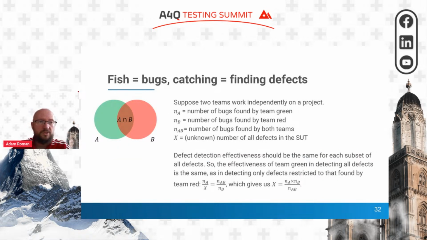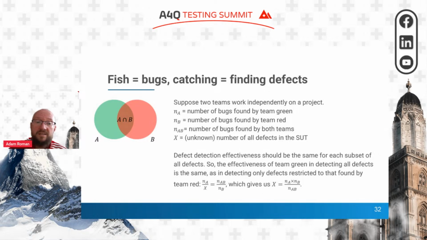This approach can be used in software teams where there are 2 independent teams which work on some project. Each of them detects some number of bugs in the code. There is some common set of bugs that are found by both teams, and based on this result, we can infer the number of unknown defects which remain in the system under test.